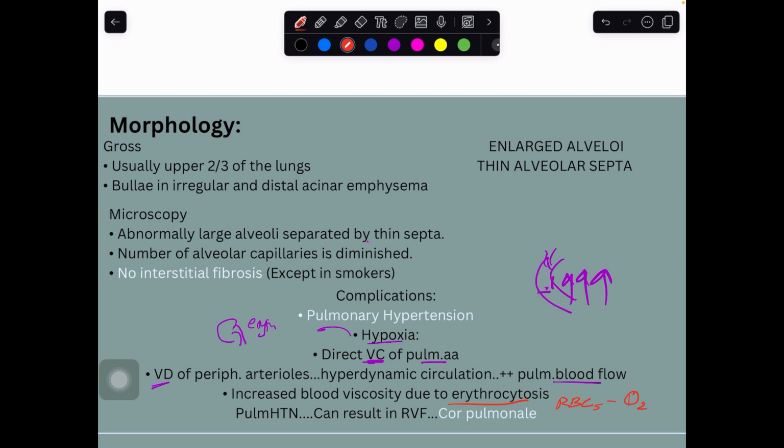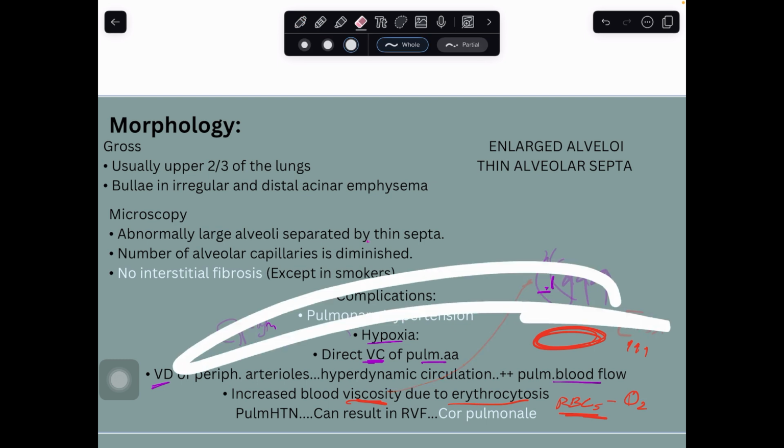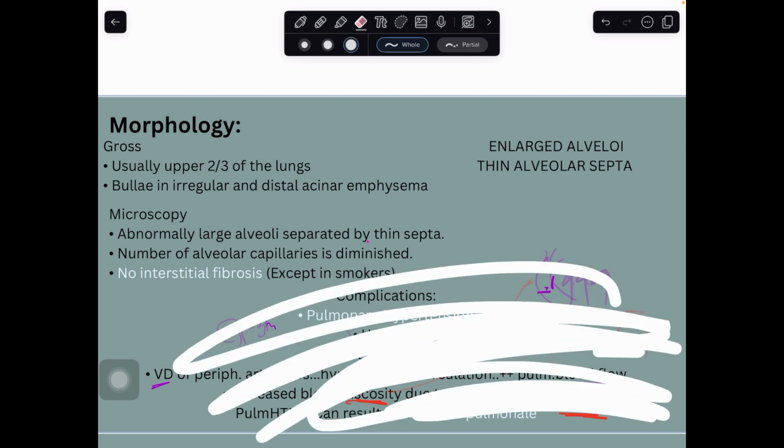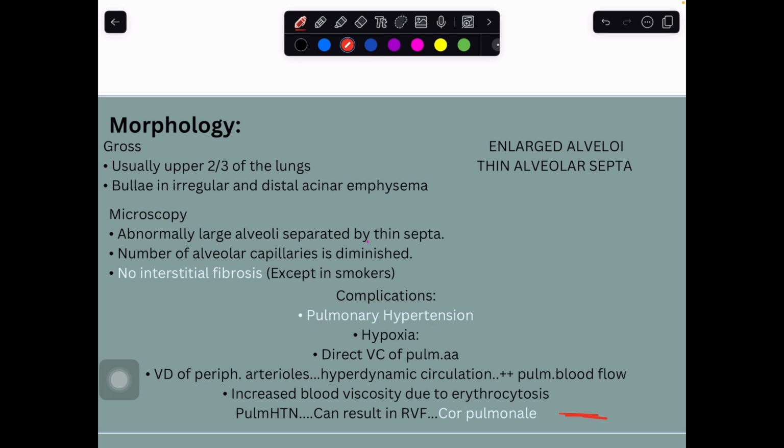But actually it might worsen it, because RBCs form the hematocrit, which is 45% of our blood. And imagine I have more erythrocytes. It makes our blood more viscous, and viscosity increases blood pressure, which can cause hypertension. So there are many different causes for hypertension. This is just a few of them, but you need to understand that pulmonary hypertension is one of the complications.